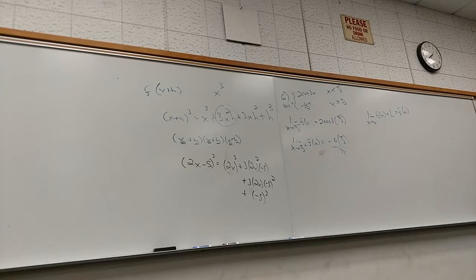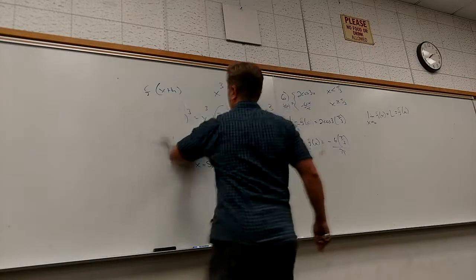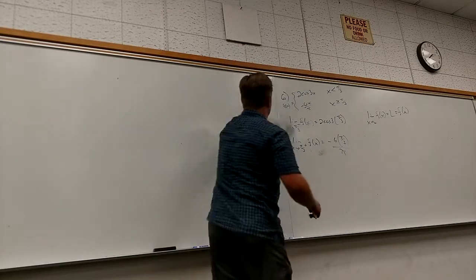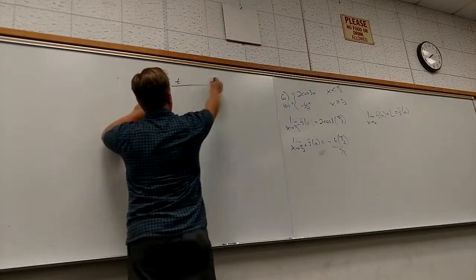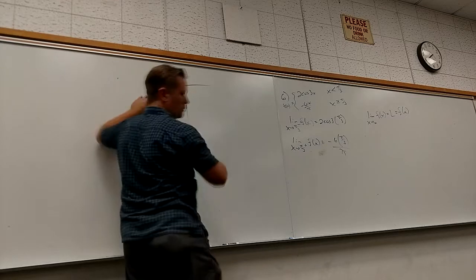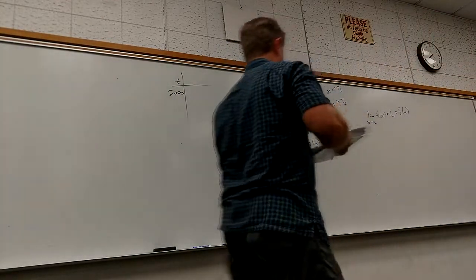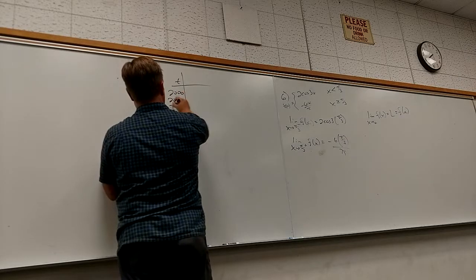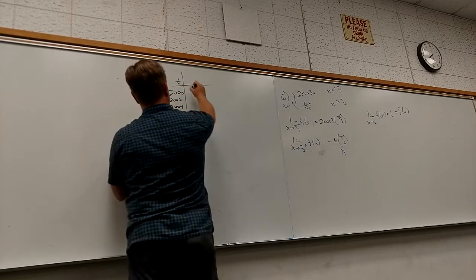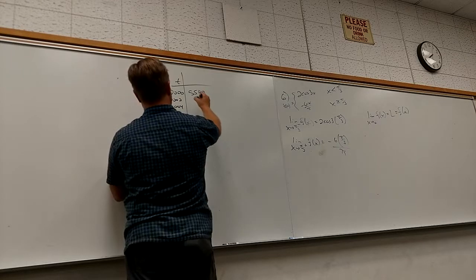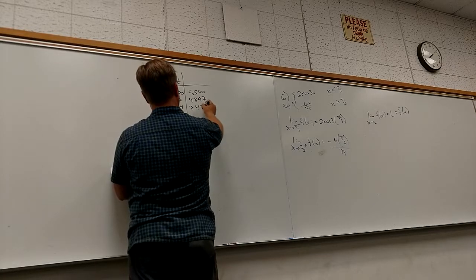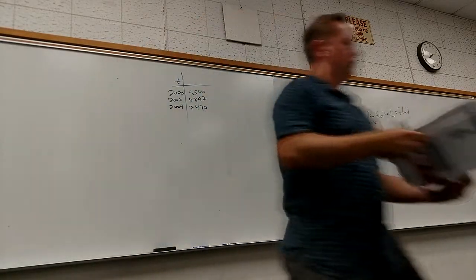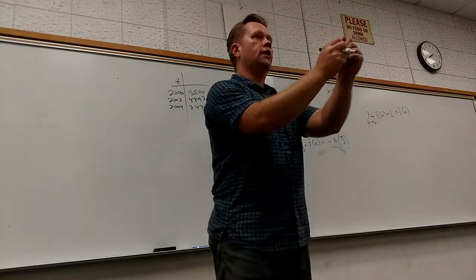Okay, so let's see. If they give you points on the graph of n of t, for example, so this is using the idea of secant lines.